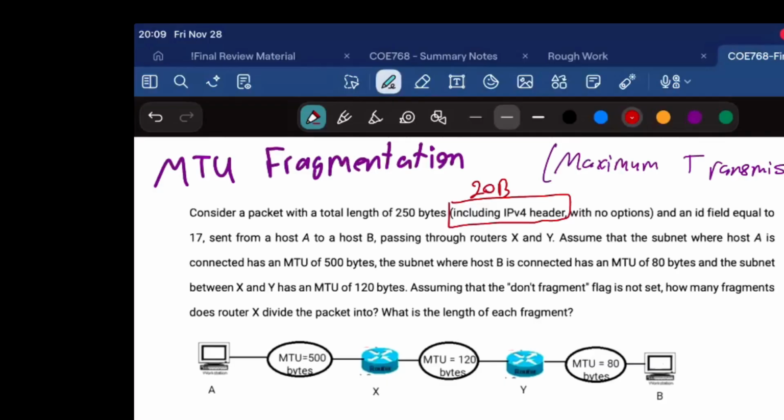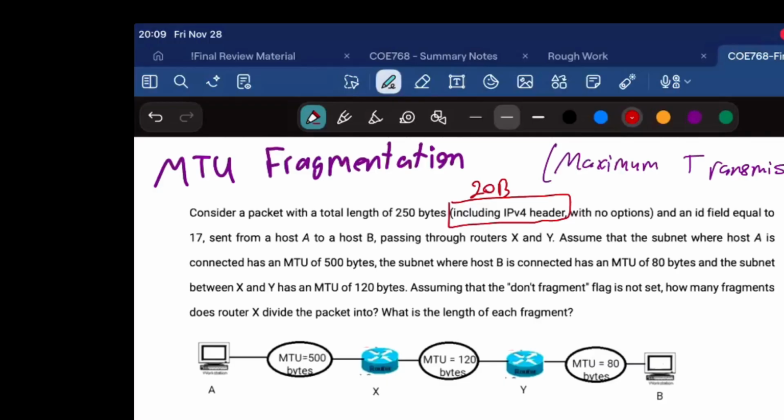That means that no other flags are on or off within the header itself, and an ID field equal to 17. That ID field isn't too important for this question specifically. Kind of there to confuse you maybe if you're not quite sure.